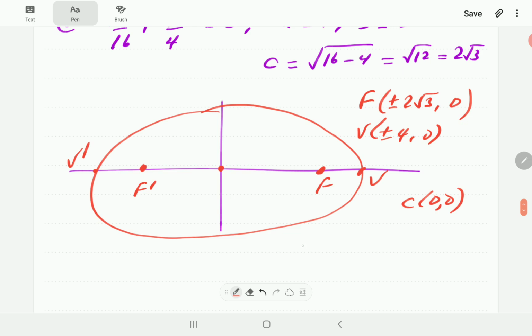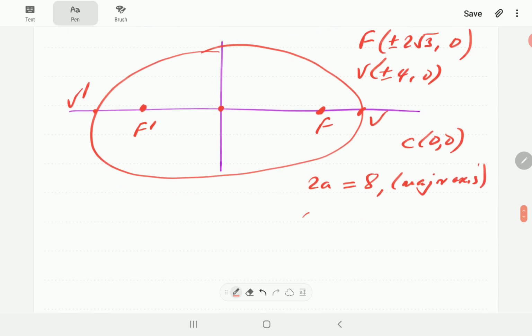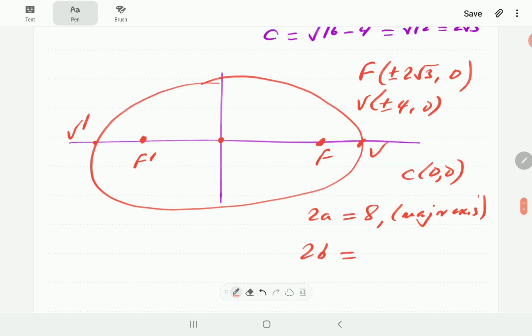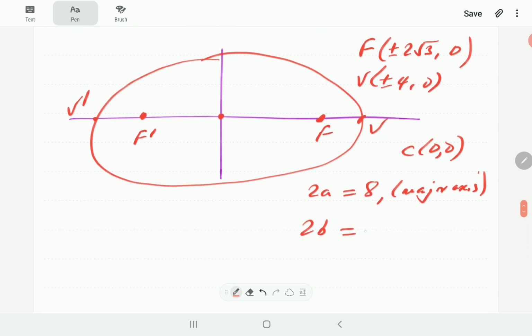The major axis has got length 2a, so that's 8. The minor axis has got length 2b. Now remember b is 2, so that is 4, the minor axis. Alright, we already have the sketch.